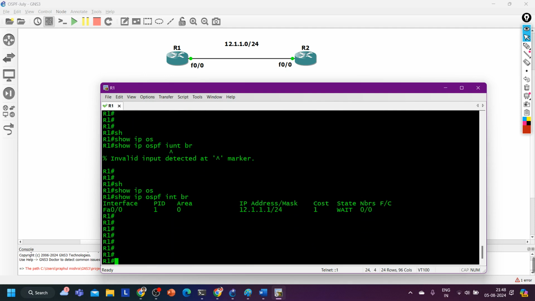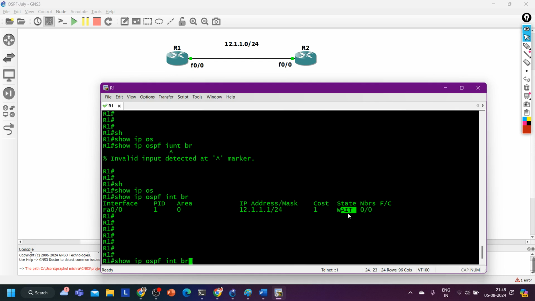OSPF is enabled on which interface? On FastEthernet 0/0, and the state is waiting.